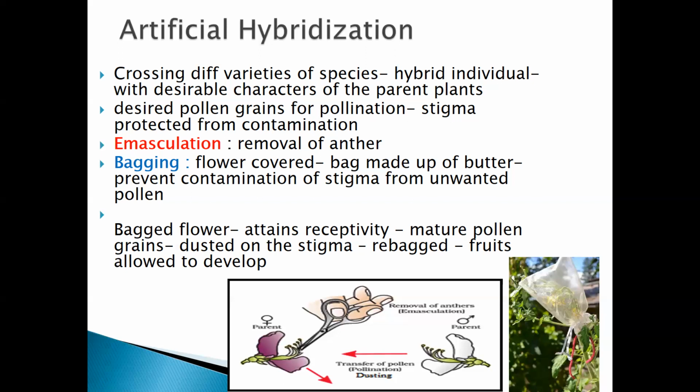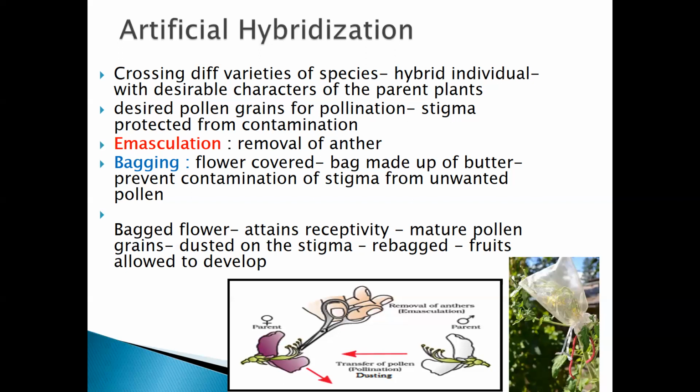Once the stigma of the bagged flower becomes mature, you dust the desired pollen grains, the pollen grains which you want to pollinate. Later, it is bagged once again and allowed to grow the fruits.